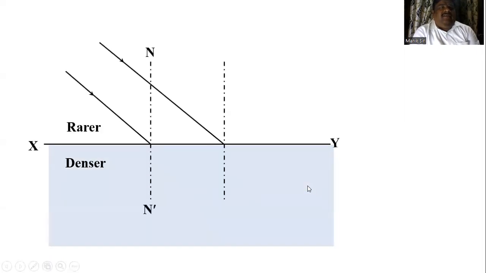See once again, this is rarer medium, this is denser medium. These two are incident rays. We can call them incident wave normals. This is a normal, a perpendicular drawn to the surface XY at the point of incidence. Now this ray is refracted, this ray is also refracted.